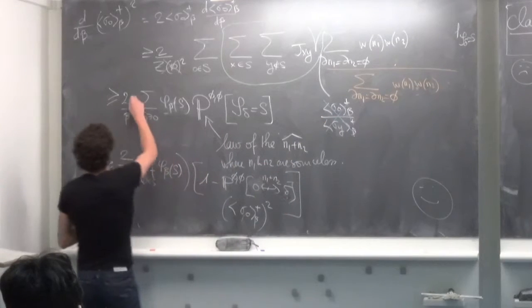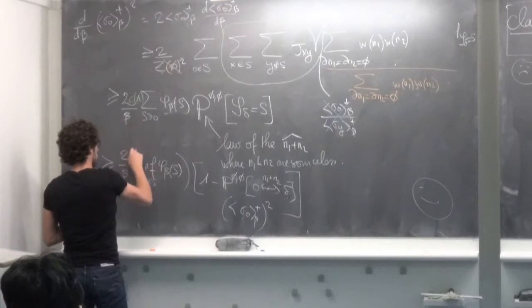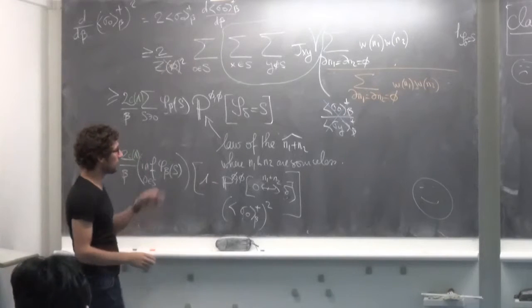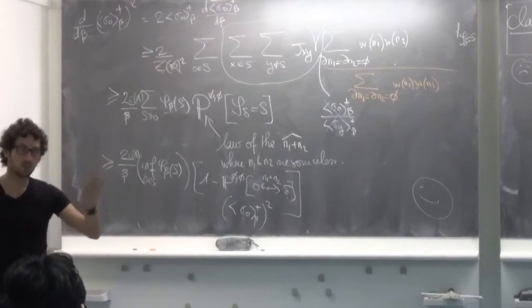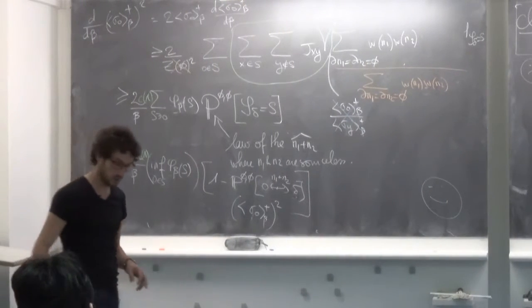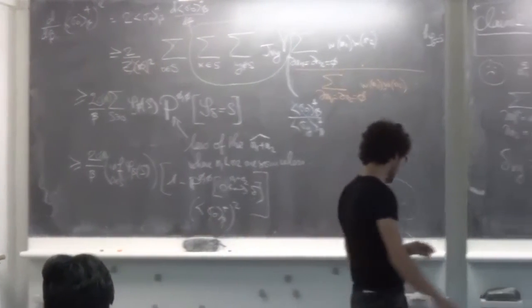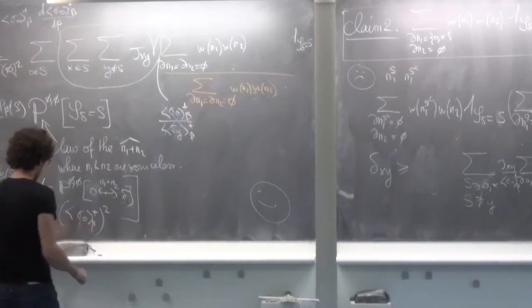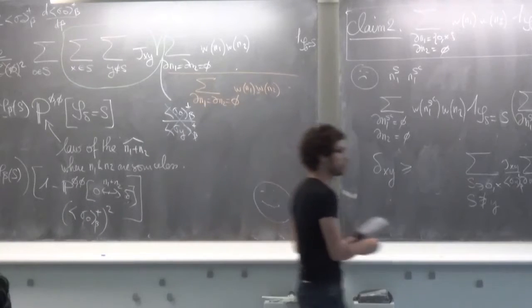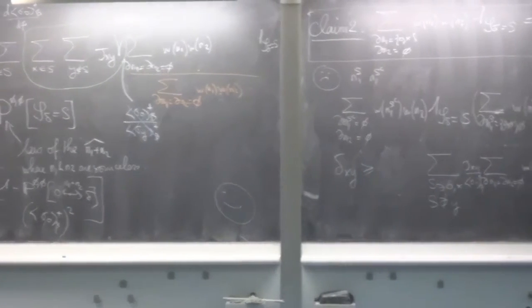And you get a C lambda, which appears here. But this C lambda, because it tends to 1 when you take larger and larger graphs, is not going to give you any problem at the end. So this is not a source of any additional difficulty. So that was the proof.